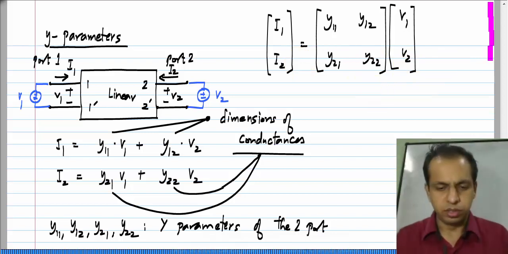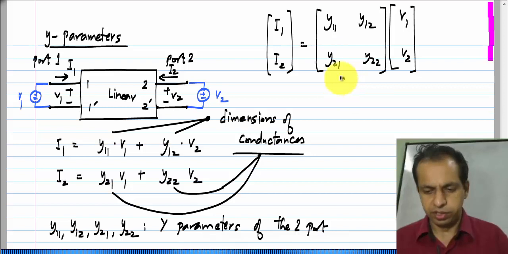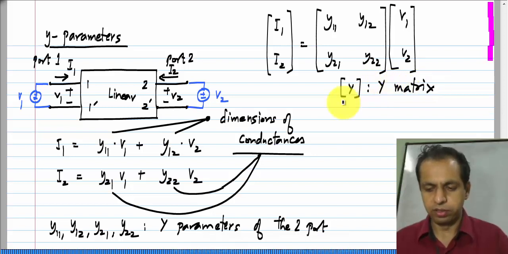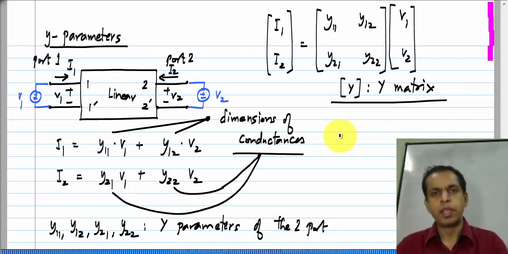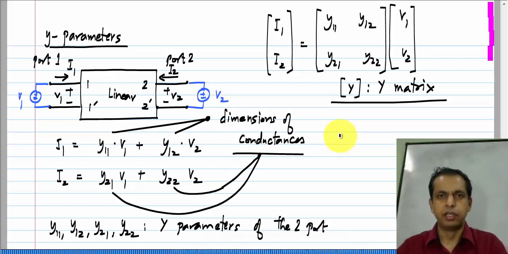So, this matrix here is many times called the Y matrix of the two port network. The Y matrix consists of 4 parameters, because we have 2 dependent variables and 2 independent variables. There are 4 parameters relating the currents to voltages.